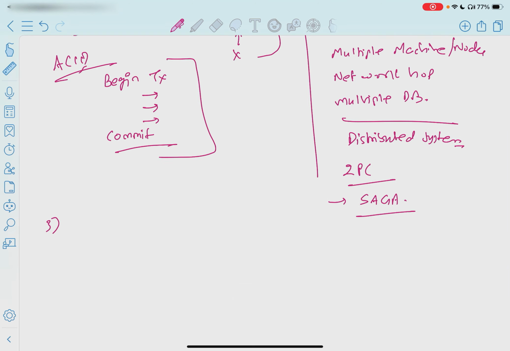And the third major drawback is DevOps problems, right? In a monolithic architecture, maybe two or three developers can take care of building the service, deploying, and resolving the production bugs, right? But in case of microservices architecture, now we have 11 services.